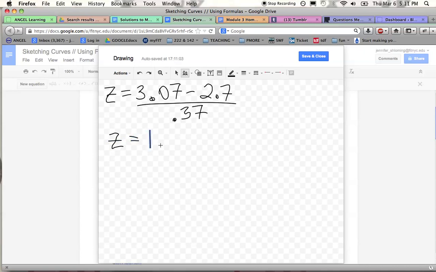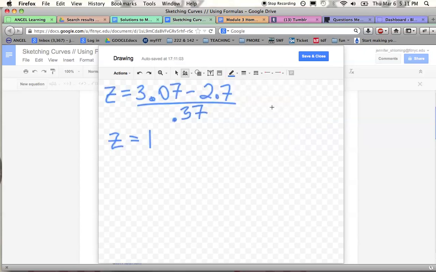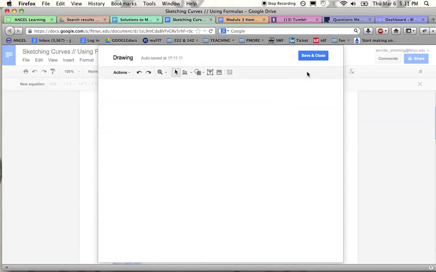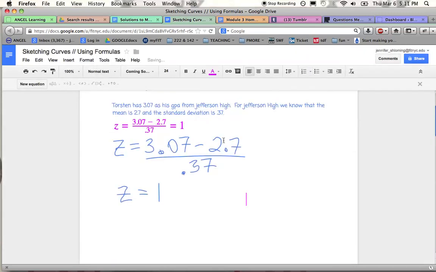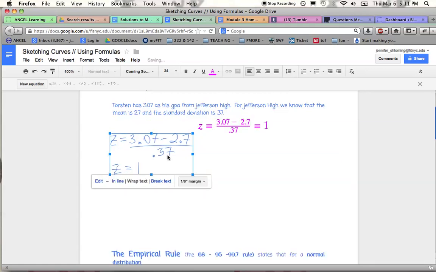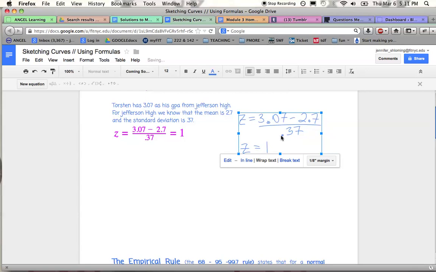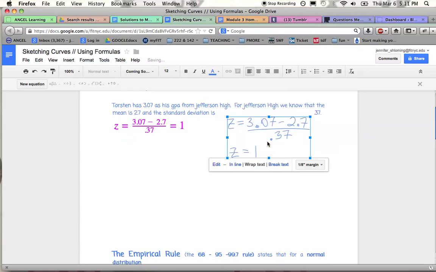And because I like colors, I'm going to copy it all and make it this blue. Save and close. Okay, so now it's there in your own writing. You can make it bigger, smaller. I'm going to make it smaller, and press wrap text so I can move it wherever I want. So I'll put it there. You can pick which way is easier for you.